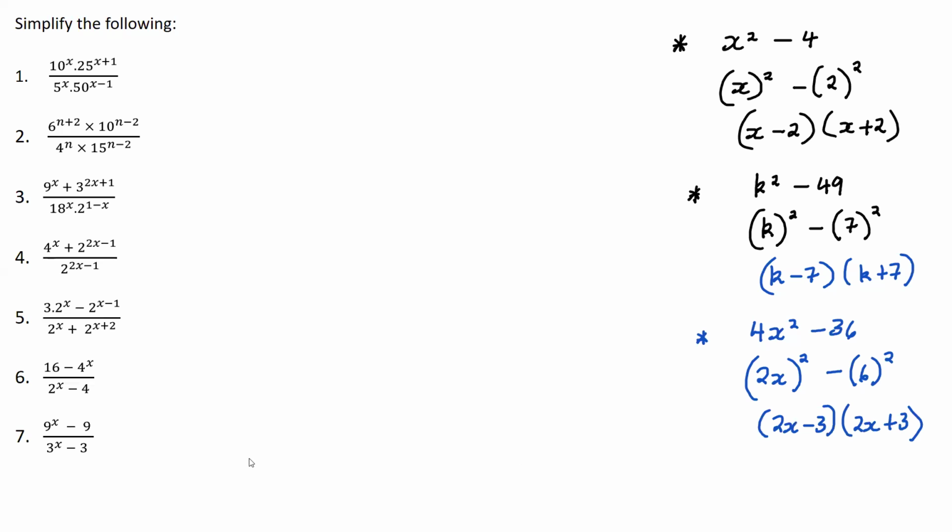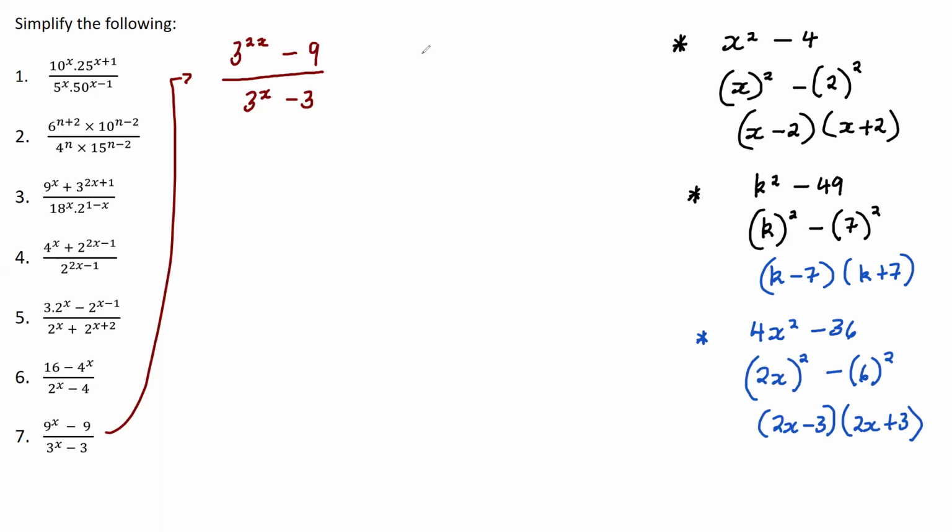And then I'm saying to you, here is my situation. 9 to the power x can be written as 3 to the power 2x. At the bottom, I've got 3 to the power x minus 3. I've acknowledged that particular situation.